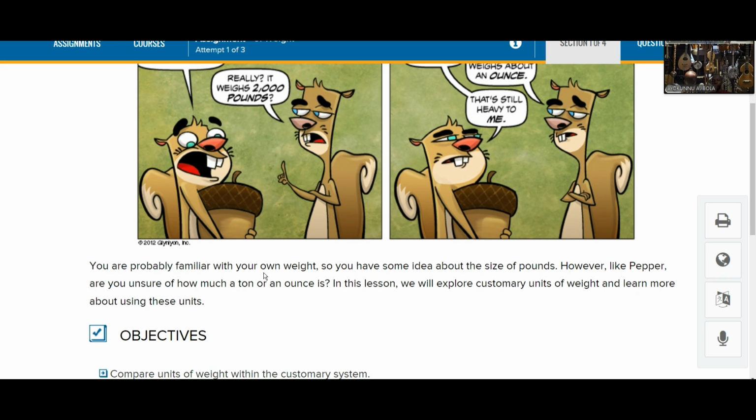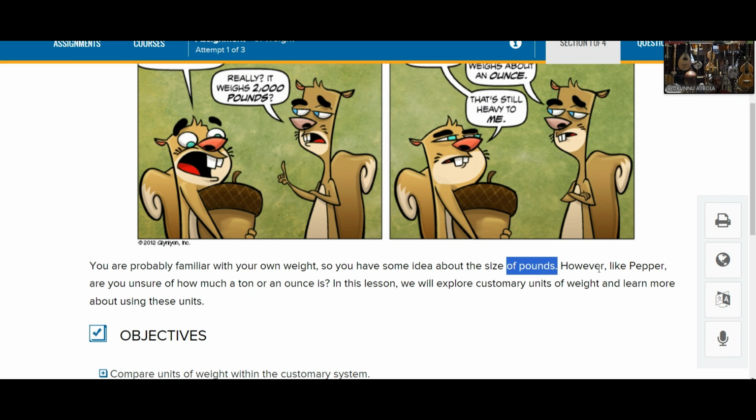Okay, you're probably familiar with your own weight. Do you know your own weight, Miggy? I think it's 46 something. Okay, 40 something, right? That is in kilogram. So you have some idea about the size of pounds.